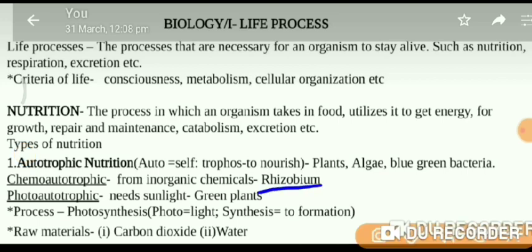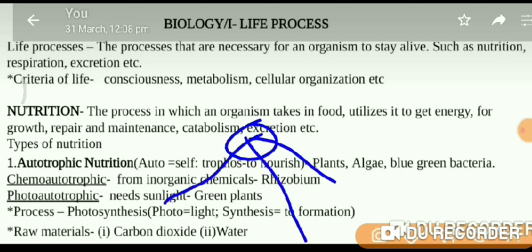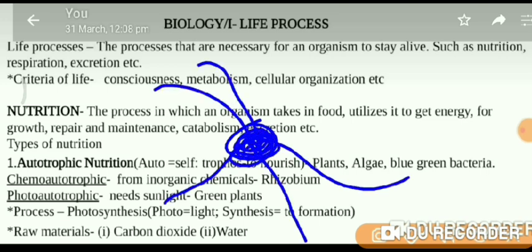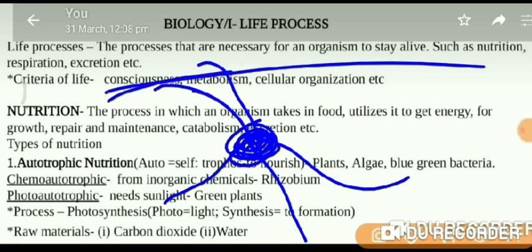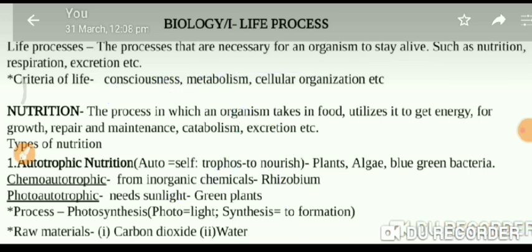It is a nitrogen fixing bacteria. Basically, you might have seen it in the root nodules of leguminous plants. It is a nodule like structure in leguminous plants, such as it is a soil surface, and these are the root nodules of leguminous plants. You might have studied this in class 8th.